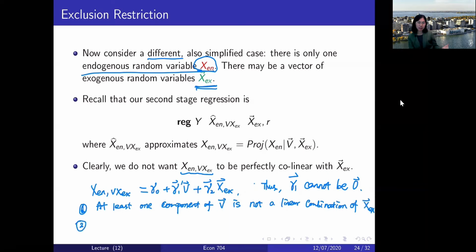So there must be an excluded V that's sufficiently different from the included exogenous variables.